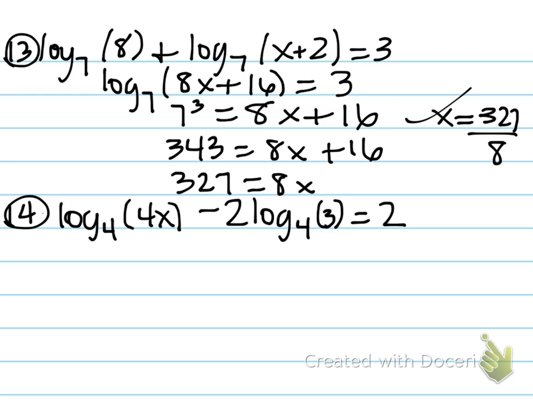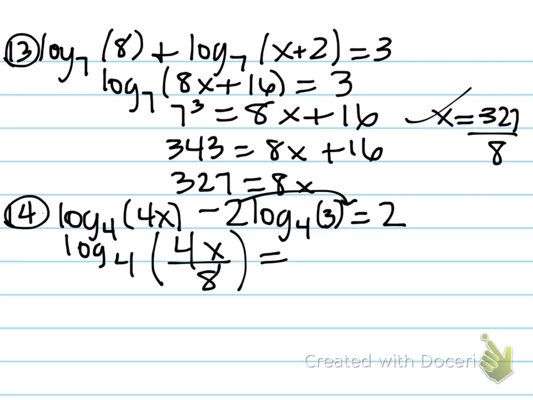All right, down here, I have a little bit more condensing to do. Here, I'm going to make this a power. So it is going to be 8. So we get 4x over 8 when we do our dividing. All right, and now we're going to convert because we have a log equal to a number. So 4 squared equals 4x divided by 8.